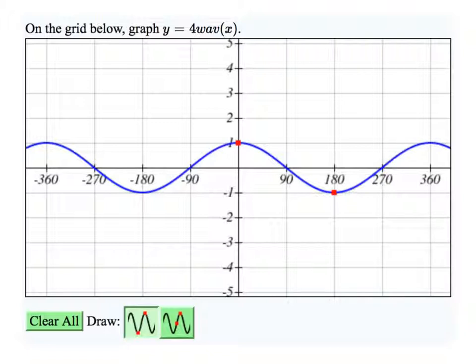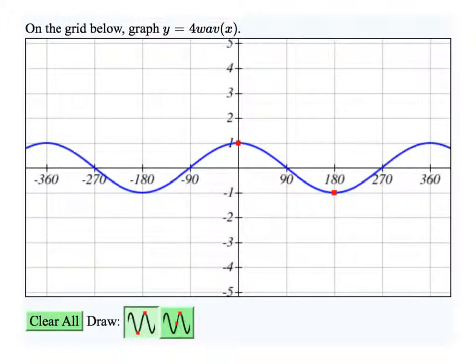I now need to apply the 4. What does multiplying by 4 do to my graph? If we think back to where we've seen this before, we saw graphs like 4x squared. Remember, that took our normal x squared and made it taller. And so that was what the 4x squared did.